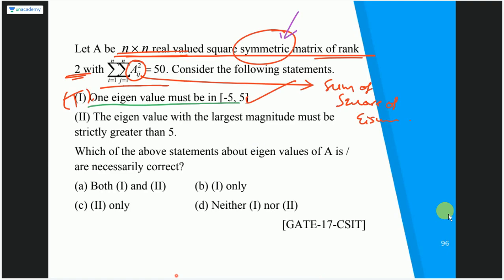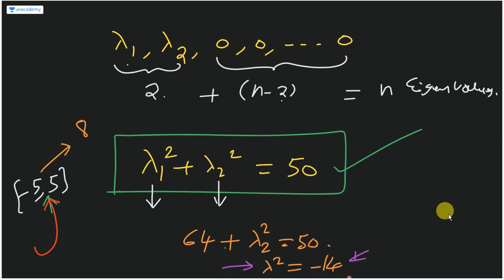Here you use the symmetric condition. Why have they provided symmetric? Because you have to understand that the eigenvalues must be real. You have taken one eigenvalue with largest magnitude, so it is a contradiction.